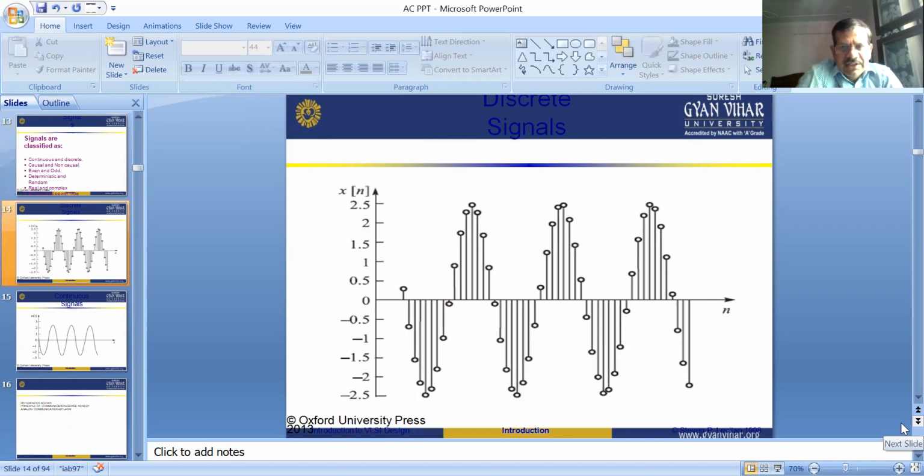You see in this slide, this is the example of a digital or discrete signal. Here the analog signal is broken into different impulses according to time.